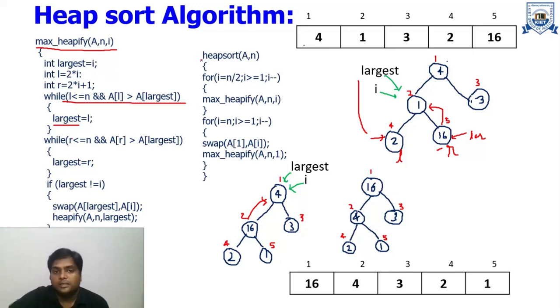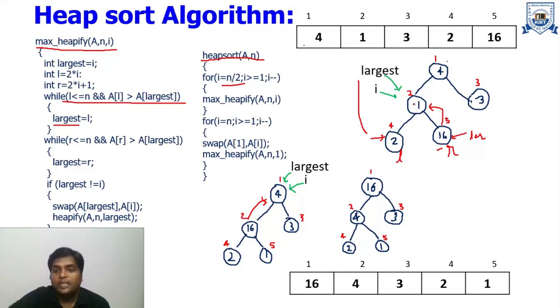Now we write an algorithm for heap sort. In heap sort we pass these two arguments, that is the array and the number of elements. We will start with I equal to n by 2. I think the reason is very clear to you why we start with I equal to n by 2, because in the heapify method we have to work with non-leaf nodes.